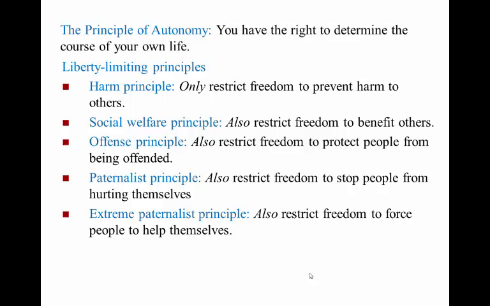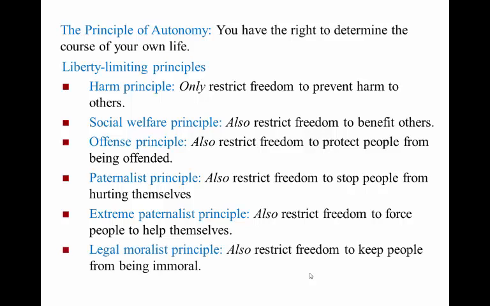There's another principle that we need to look at, even though it comes up less often in a medical context. The legal moralist principle says that you can restrict freedom to keep people from being immoral. Until very recently, there were laws on the books in almost every state banning sodomy.